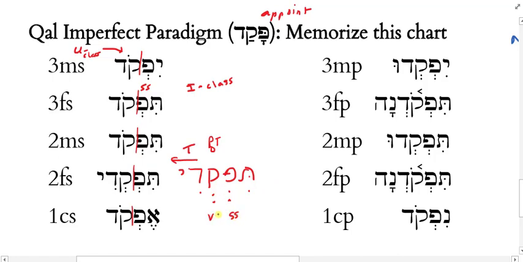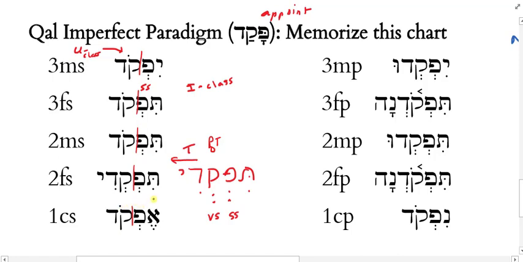The second Shiva is always vocal. Tifkedu, tifkedu. So you, woman, will appoint. Okay? And then for I will appoint, it's efkod. Same silent Shiva, different I-class vowel because Aleph prefers Segol, same holum.